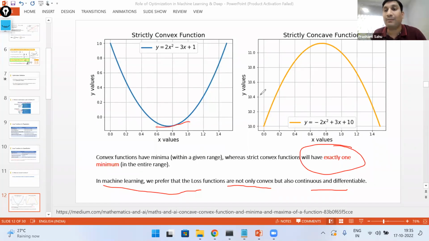Derivative is nothing but a slope, right? So the slope at the point of maxima or minima will be 0. And that slope can be obtained by differentiating that function. So that is why I talked about differentiability.